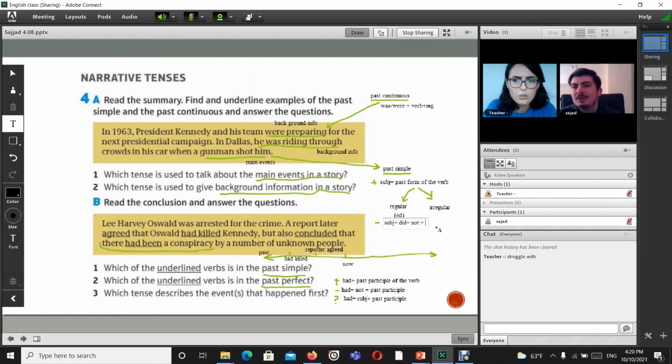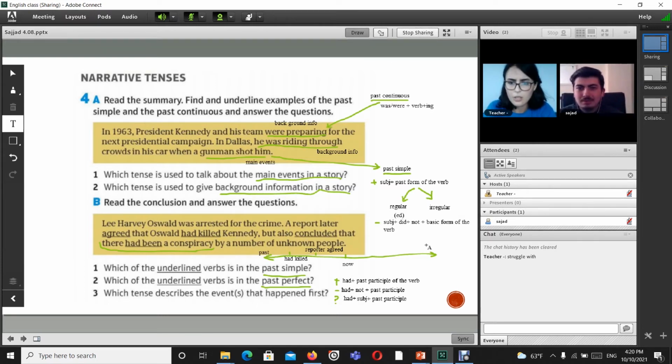Is it the past form of the verb? Like, I went to school, I didn't went to school. Very good. The simple, basic form of the verb. The gunman didn't shoot him.